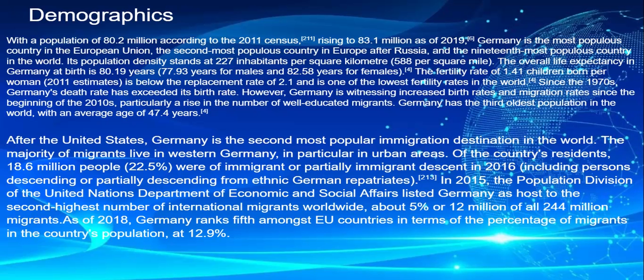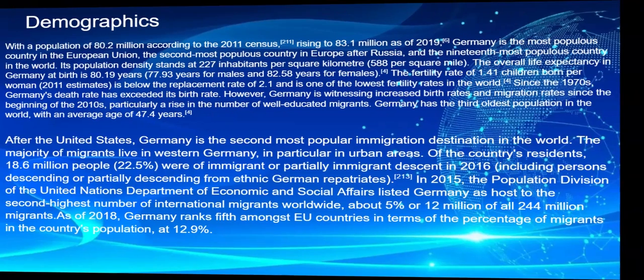About 5% of the 12 million of all 244 million migrants. That's a very huge number. As of 2018, Germany ranks fifth among EU countries in terms of percentage of migrants in the country population at a whopping 12.19%.